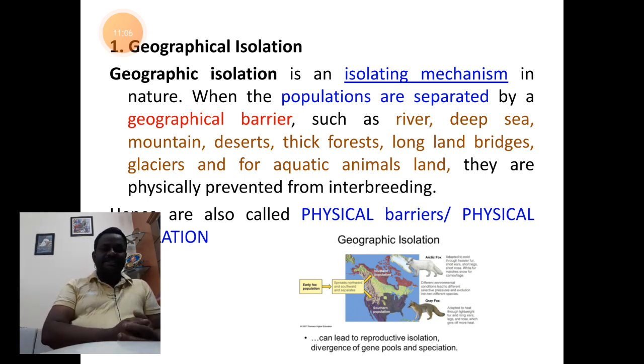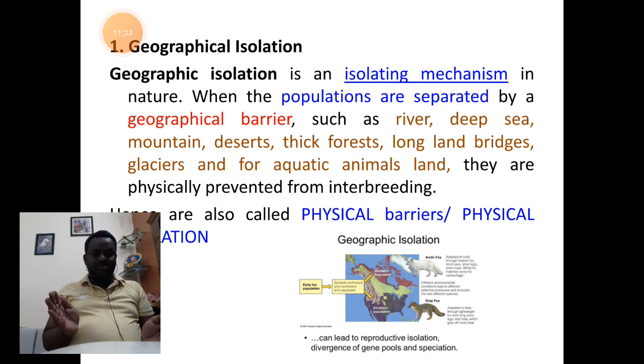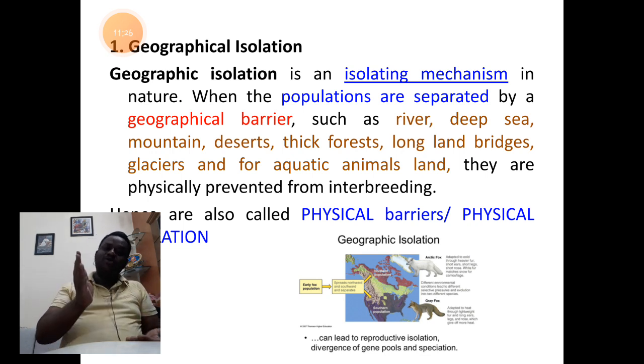Let us now concentrate on the actual topic, that is geographical isolation. As we understood just now, geographical isolation refers to separation of a population into smaller groups by means of natural physical barriers.